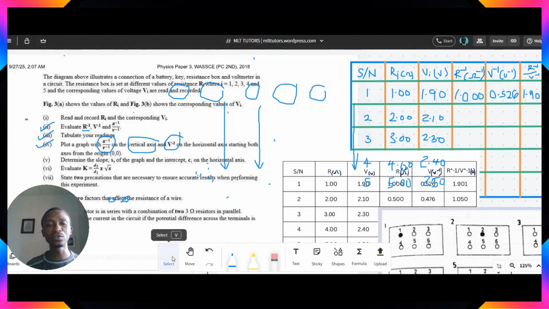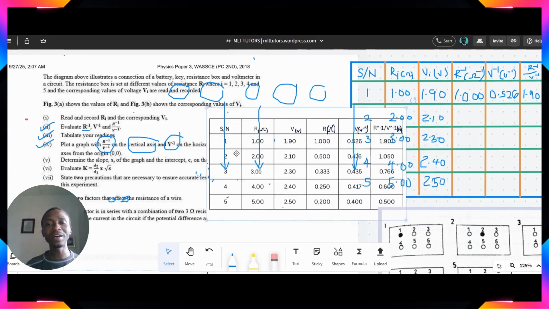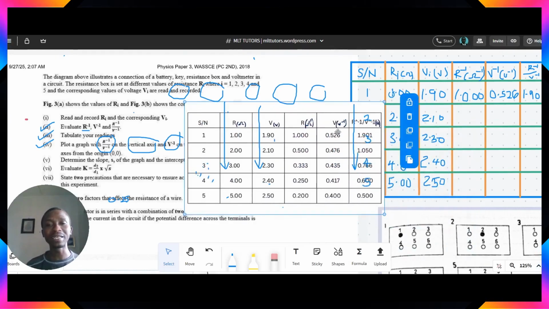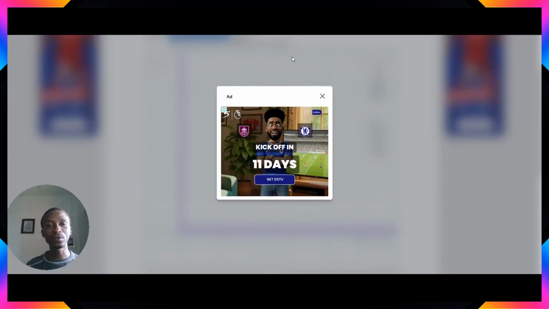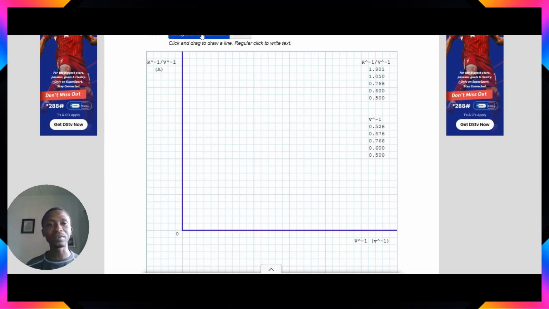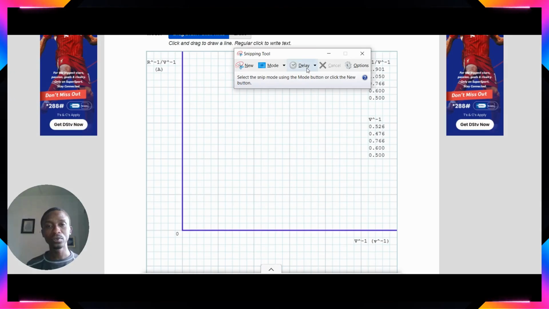Before we go to the graph, take note, the values that you are plotting, you have to extract them and place them on top of your graph sheet, at the top right hand corner, so that you won't need to be flipping back and forth before you get your values. So we have the graph sheet here, and let me use my sniping tool to make that clearer to you.